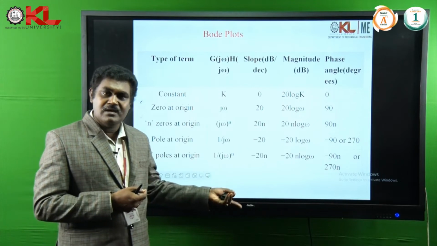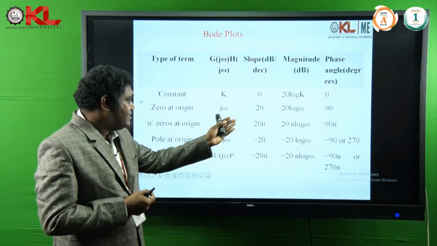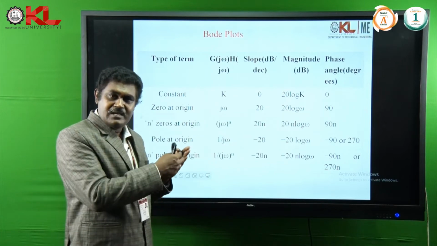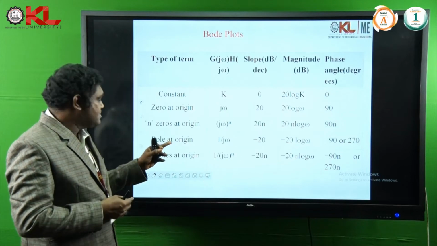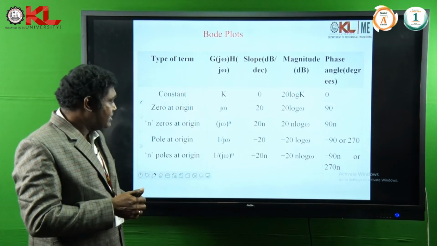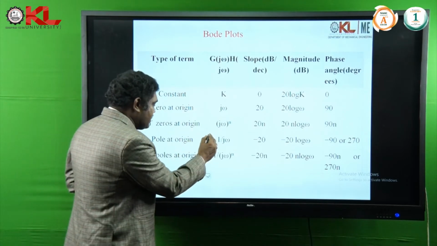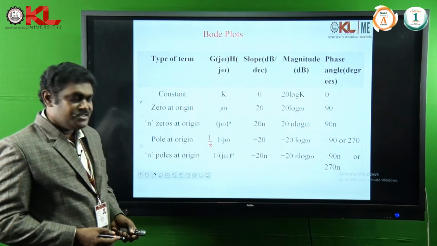At different omega values, you calculate these magnitude values, and the phase angle is minus 90 or 270 degrees. This is 1 by s, so you can replace s with j omega.